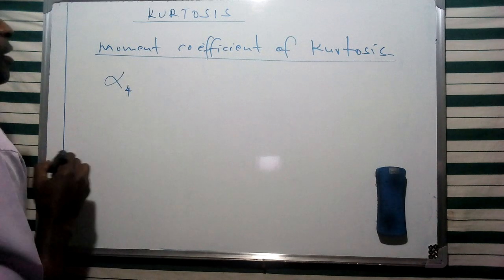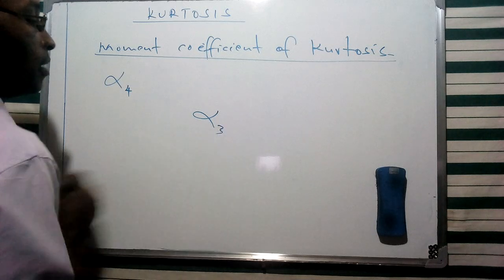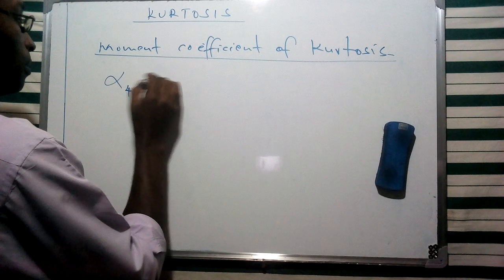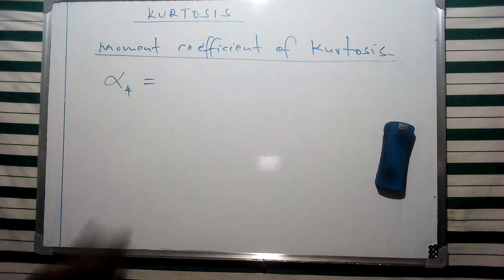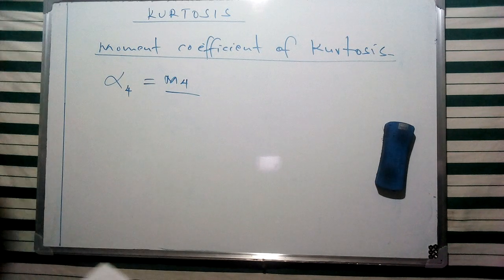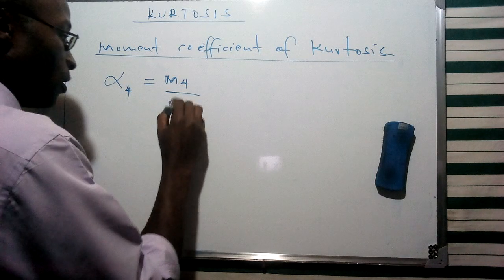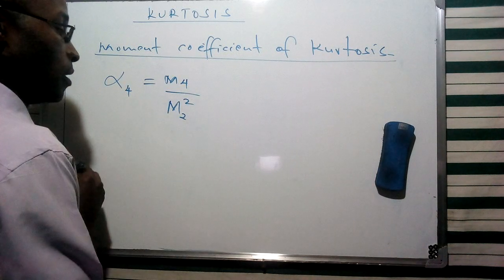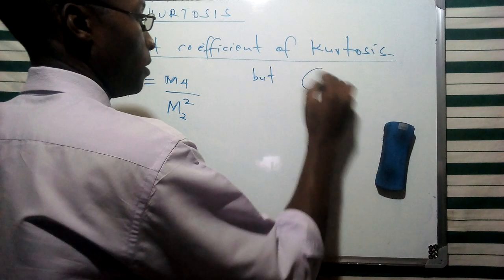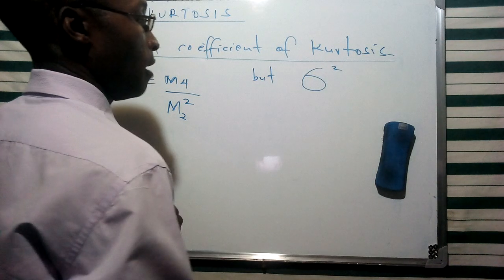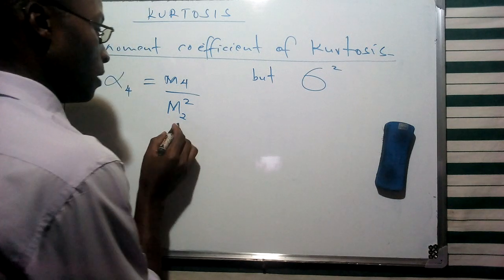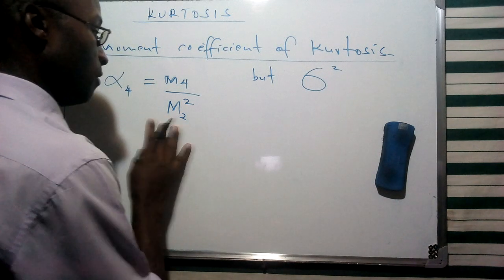We have said that skewness is given a specific symbol, so for kurtosis, this is going to be given this symbol, and this is equivalent to the ratio between the fourth moment about the mean divided by the square of the second moment about the mean. But remember from our last discussion, I mentioned that the population variance is going to depict the second moment about the mean.